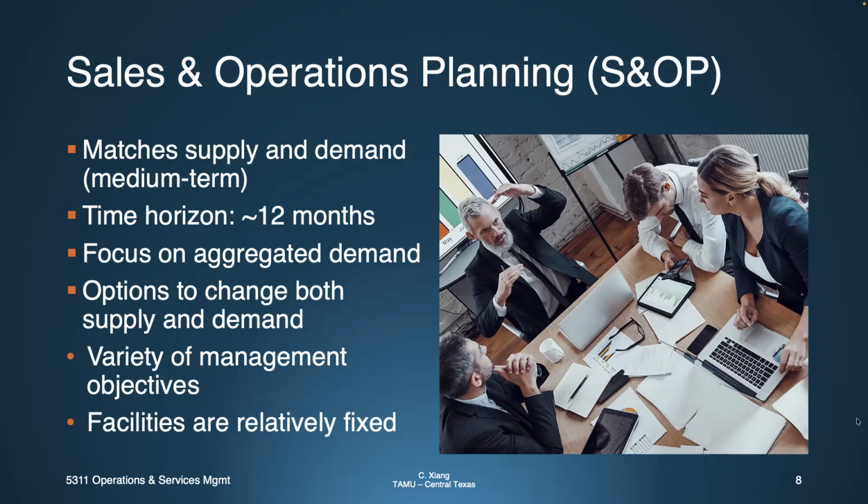Because these decisions are at high level, we focus on so-called aggregate demand rather than detailed product data. A company may produce many product families, each with multiple product models and variations. But at this stage, we simplify everything into a common unit.